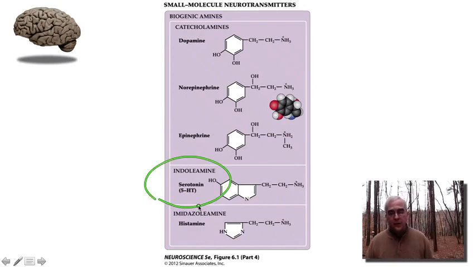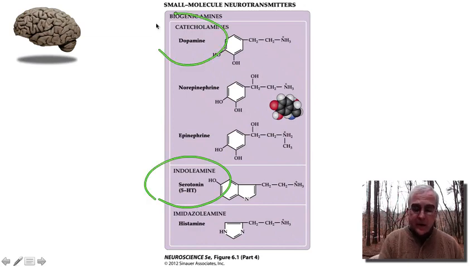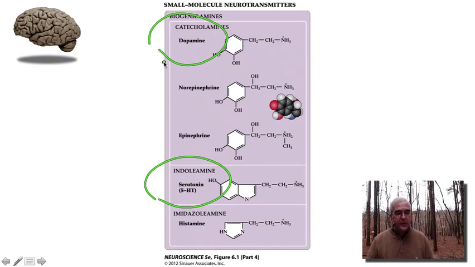Serotonin and dopamine together seem to account for many of the diagnostic categories that we encounter in psychiatry, in the human behavioral sciences. In fact, most of the drugs that are prescribed to treat psychiatric illness act on modulating the activities of dopamine and serotonin synapses in the brain.